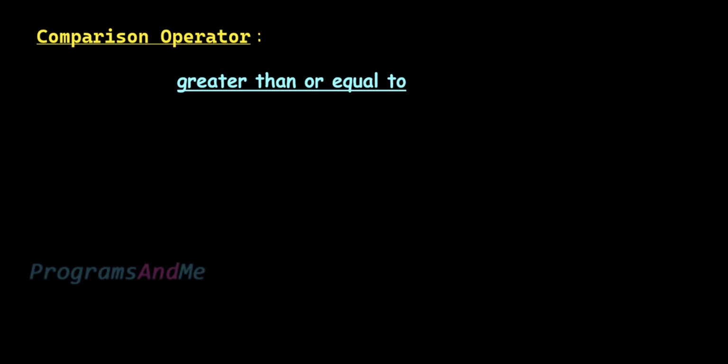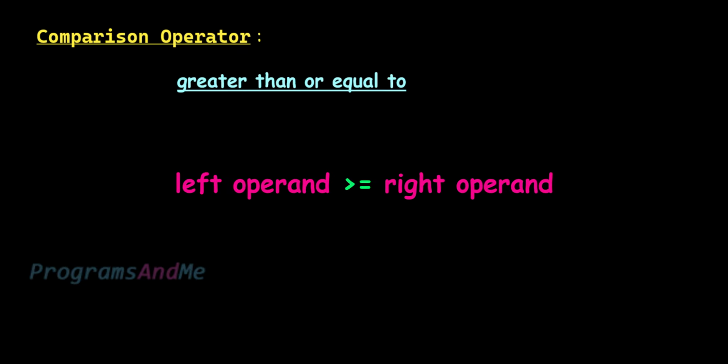Okay, so the next comparison operator is greater than or equal to. The symbol is greater than or equal to, and the syntax is left operand greater than or equal to right operand. If the left operand is greater than the right operand, or if the left operand is equal to the right operand, then we'll get the result as true.